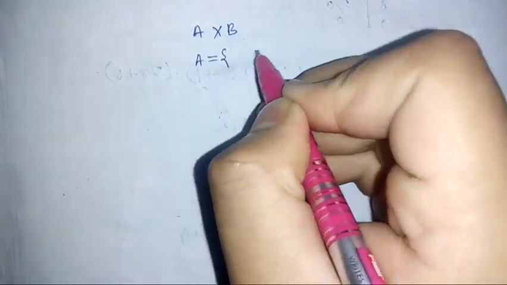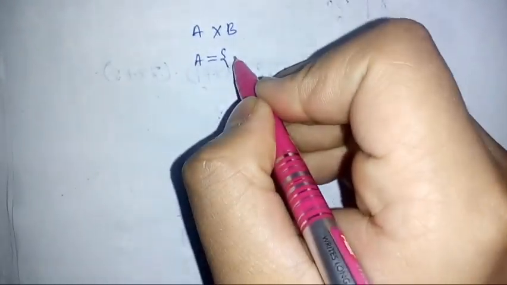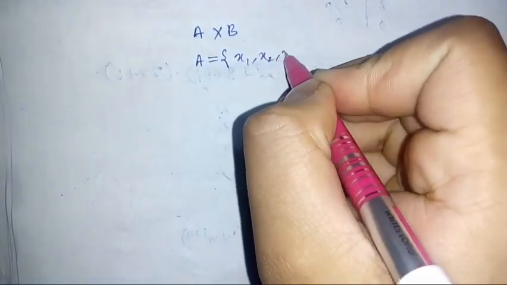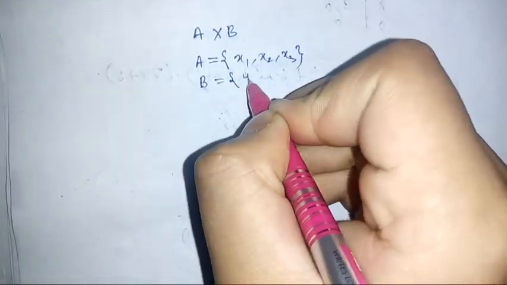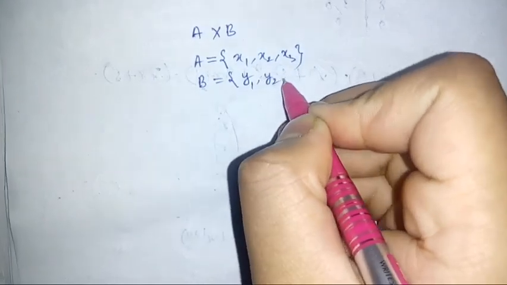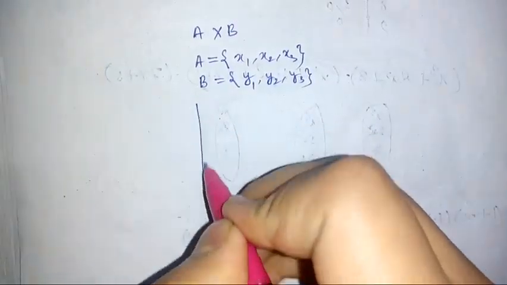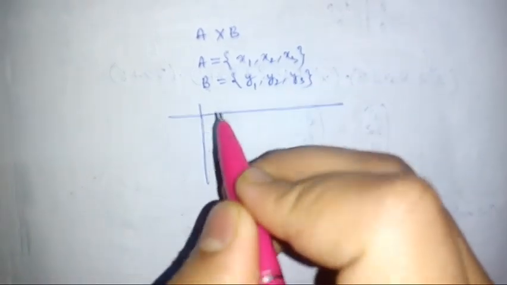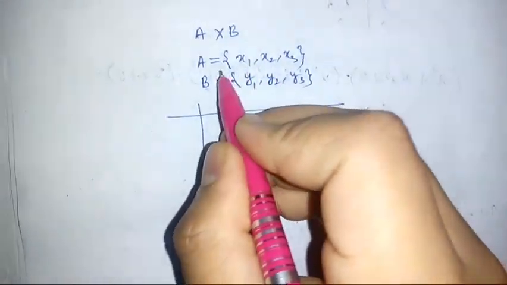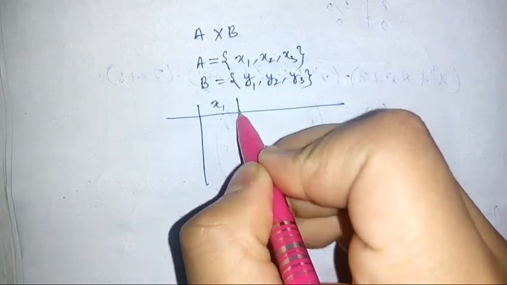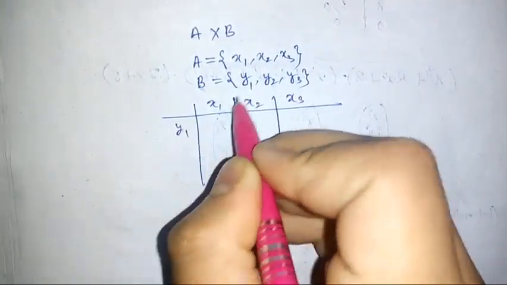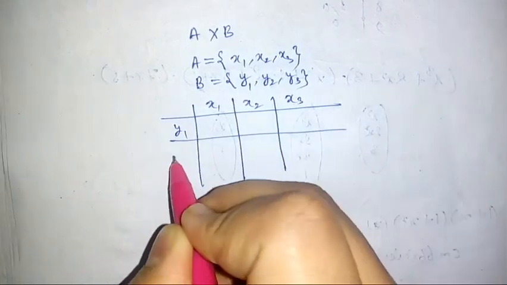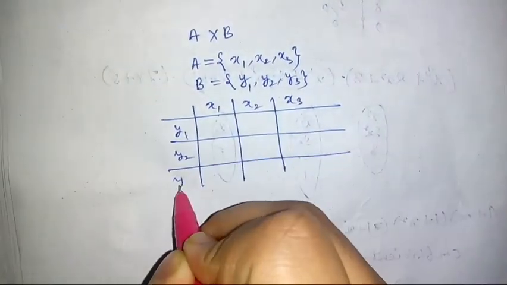Let us assume that the set A consists of elements x1, x2 and x3, and set B consists of elements y1, y2 and y3. The methodology of the Punnett Square is to write the elements of one set in this direction, x1, x2, x3, and write the elements of the other set in this direction, y1, y2, y3.